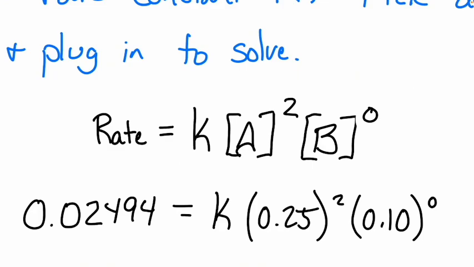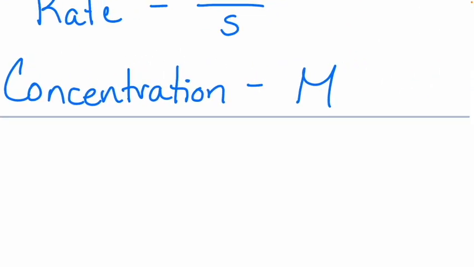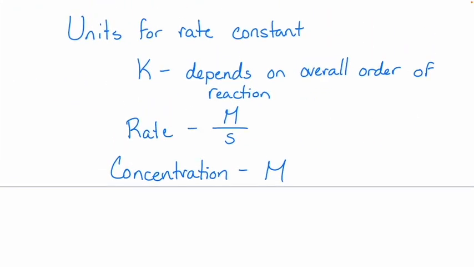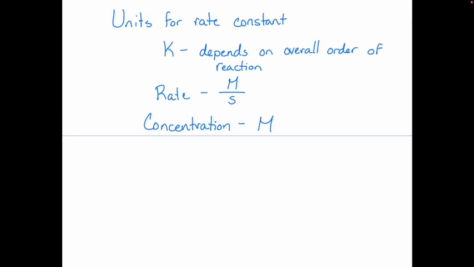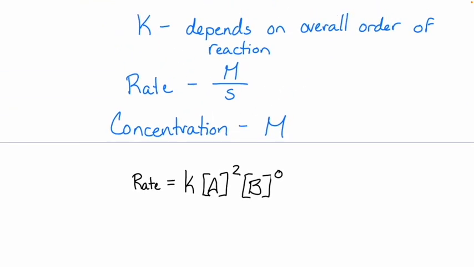All right, so what we're going to do is take our rate law here and fill in our units as if they were variables, because our units should all multiply and cancel out to be equal on both sides. So if I fill in my units here, I know that my rate is molar per second. I don't know what K is, that's what we're going to solve.